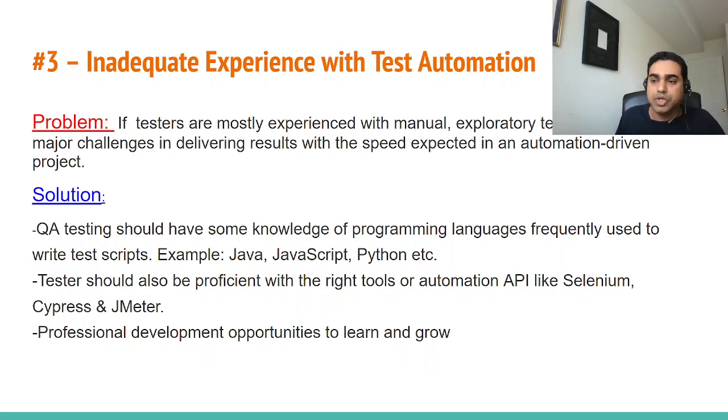So what would be the solution? Anyone looking to work in QA testing should have some knowledge of a programming language frequently used to write test scripts, like JavaScript, or Python. And even if a tester is familiar with those languages, they should also be proficient with the right tools for doing automation jobs, like Selenium.